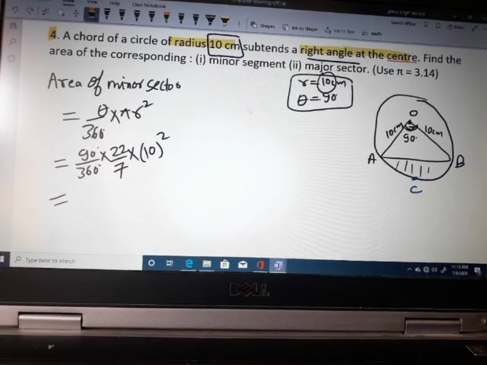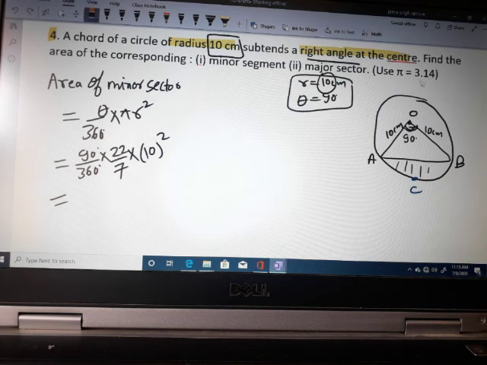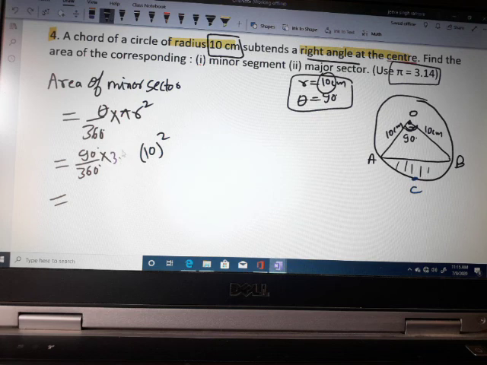Sorry, a mistake is here. The pi is already given in the question, that is 3.14. I will not use this one, I am erasing it. You have to use the value given in the question, pi equals 3.14. Solving this, you will get 78.5 centimeter square. That is the area of the sector.